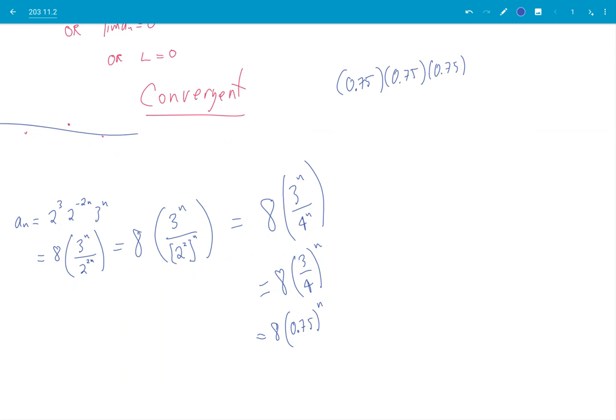When you multiply by 0.75, that's the same as taking 75% of something. So I take 75% of one, and then I take 75% of that, and I take 75% of that. So I hope you agree that this is getting smaller and smaller and smaller with a floor of 0.